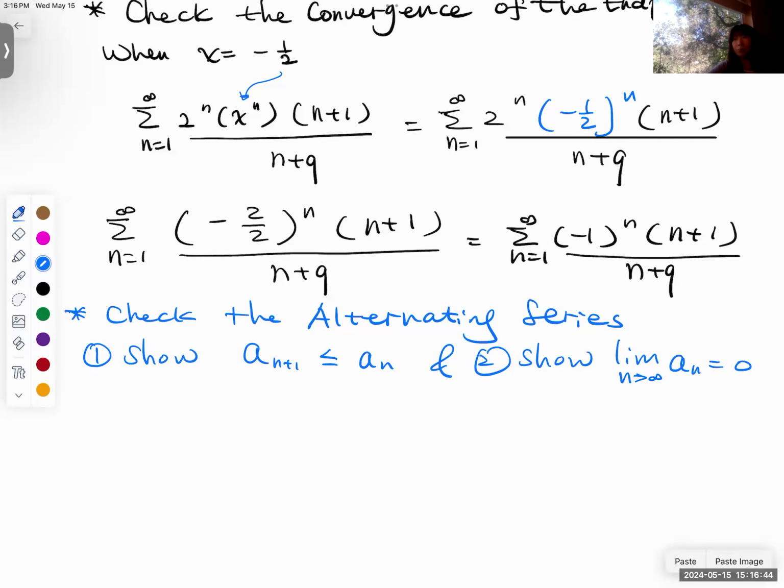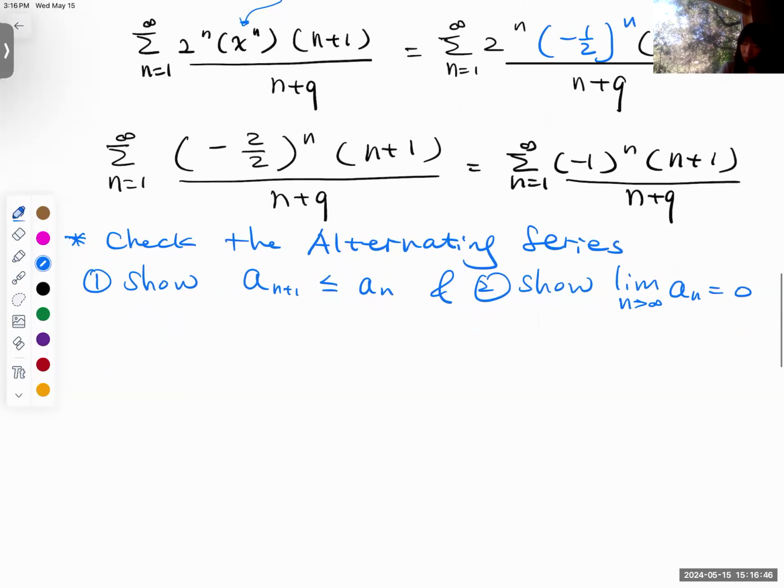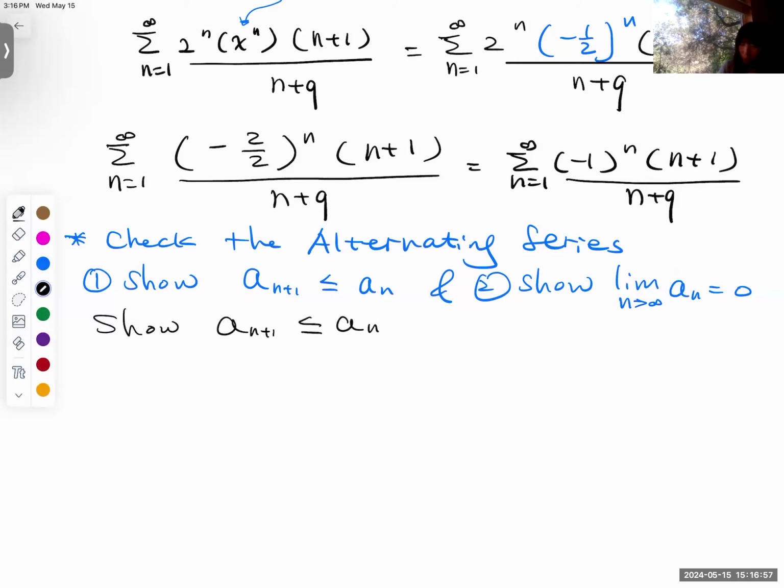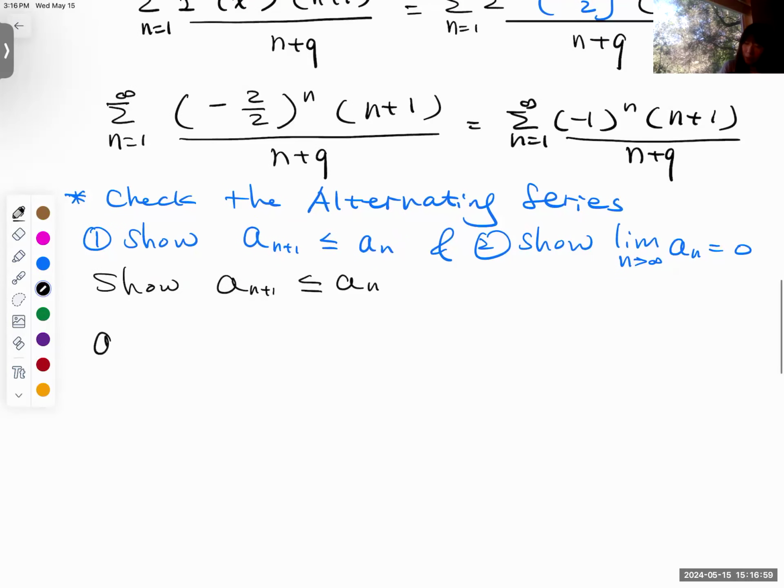Okay, now we say the first one, a sub n plus 1 less than or equal to a sub n. So a sub n plus 1, so we substitute n plus 1, right?